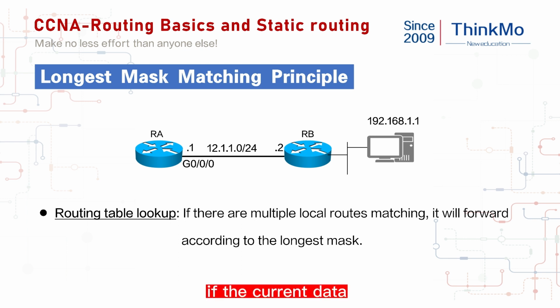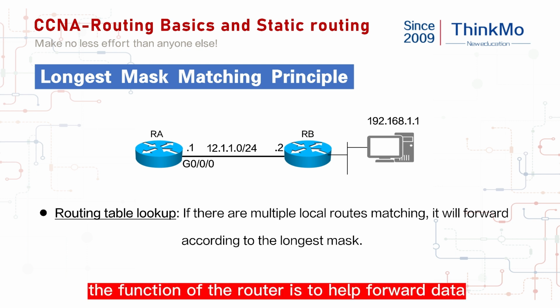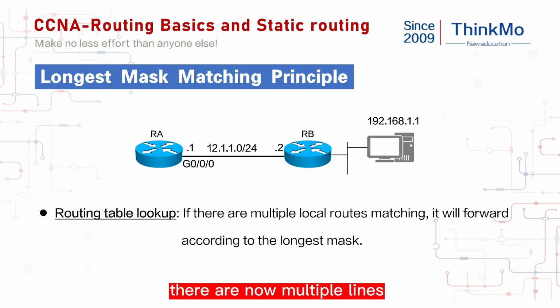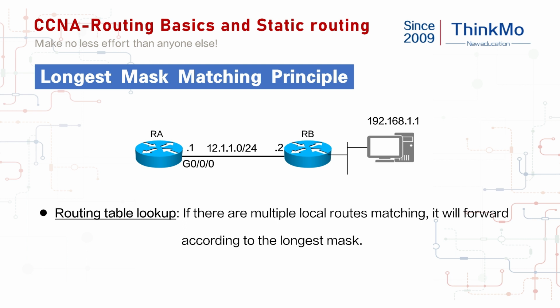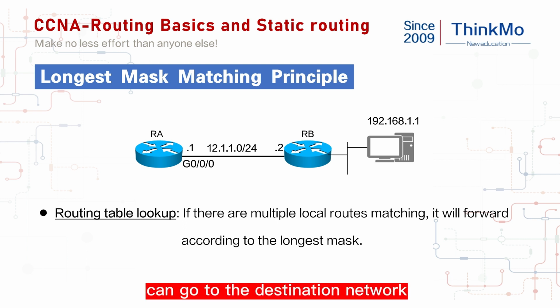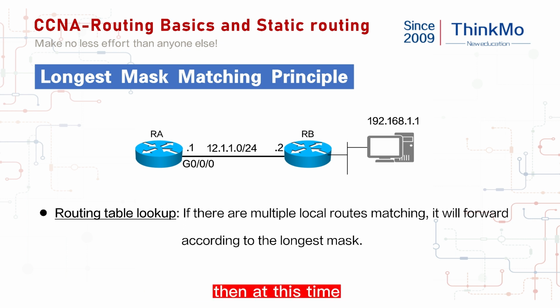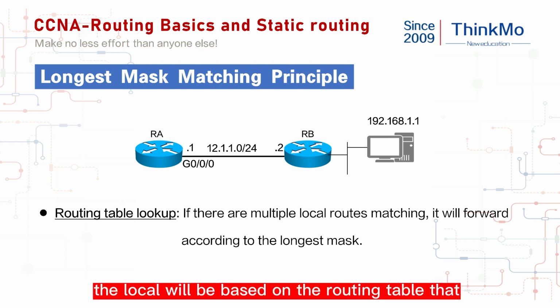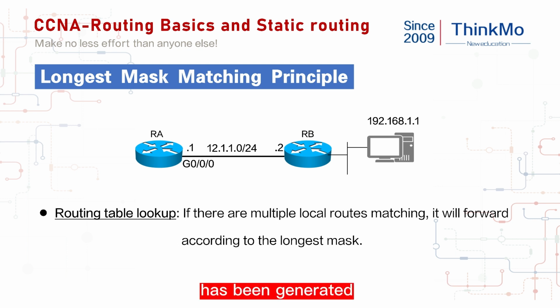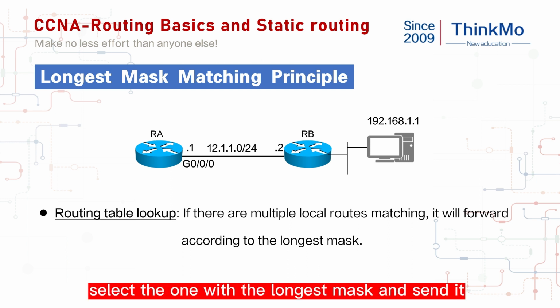If the current data arrived at a router, the function of the router is to help forward data. There are now multiple lines can go to the destination network. Then at this time, the local will be based on the routing table that has been generated. Select the one with the longest mask and send it.